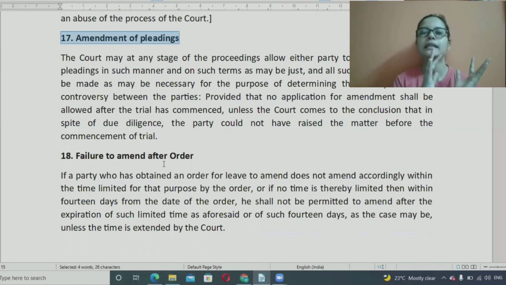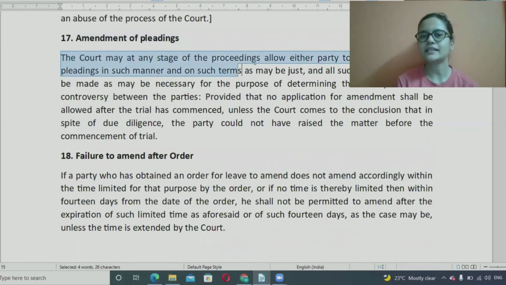Okay, now there is another rule, Rule 17, which talks about amendment of pleadings. Institution of suit is one thing where we wanted to make some changes, but once the case actually started, after that also we may want to make certain changes in the plaint or in the written statement. So the court may, at any stage of the proceeding, have the discretion.